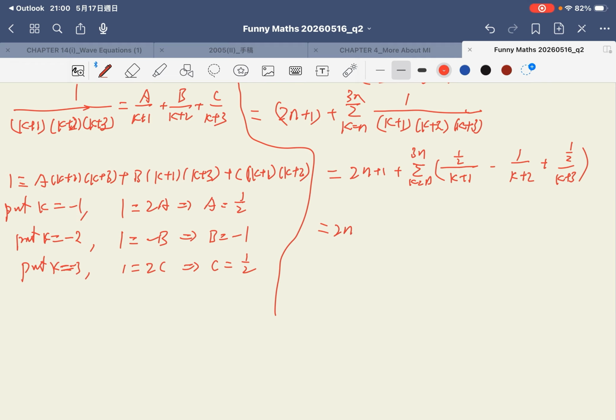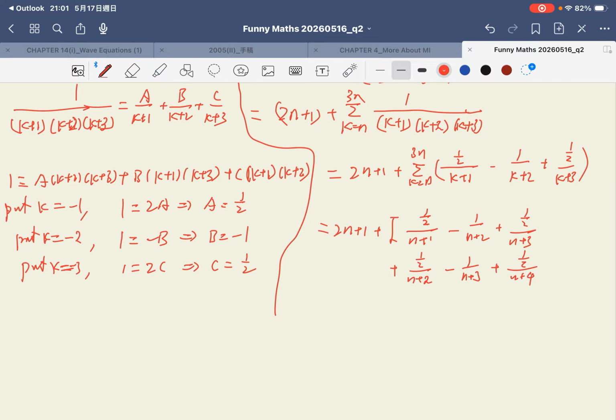Next step, I express all those terms term by term. The first term is 1 over 2(n+1) minus 1 over (n+2) plus 1 over 2(n+3). The second term is 1 over 2(n+2) minus 1 over (n+3) plus 1 over 2(n+4).